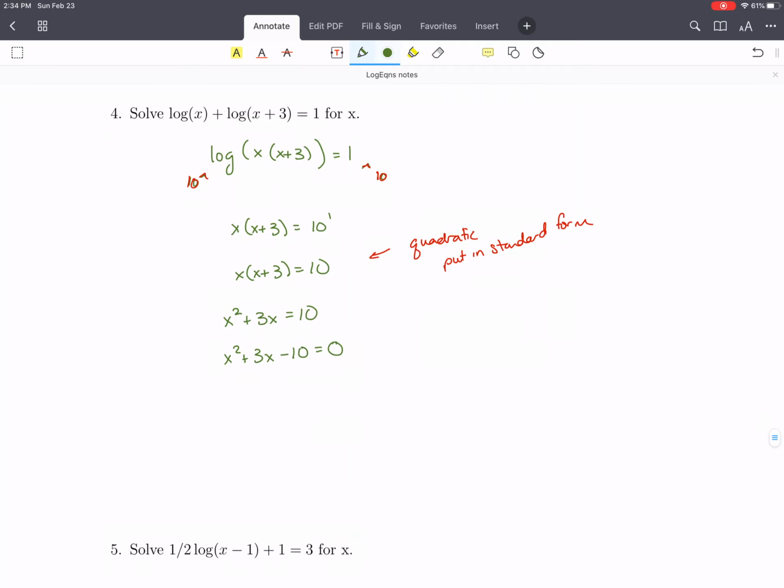So you want to get the quadratic all on one side and 0 on the other side. Once I'm in standard form, then I can either factor or I can always use the quadratic formula. Let's see if we can factor this one.